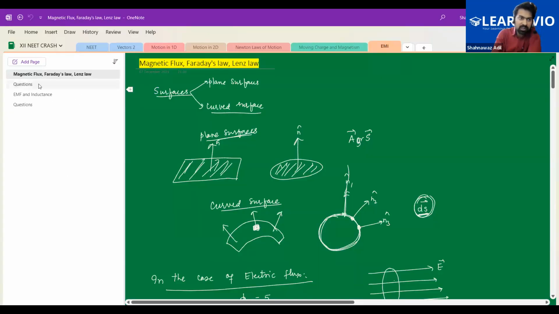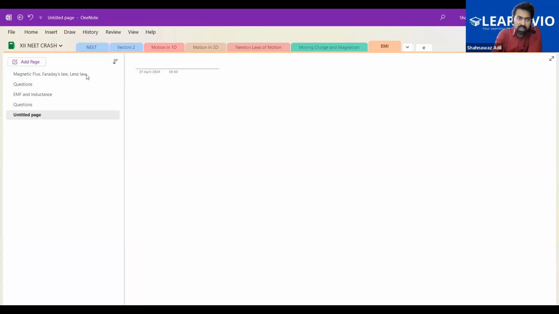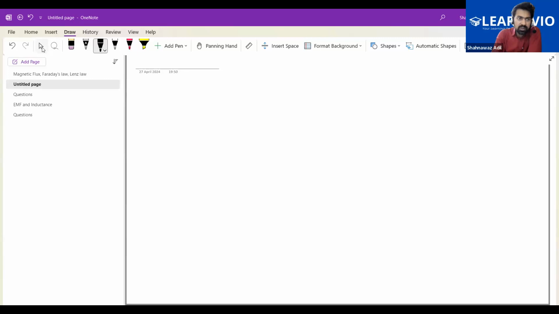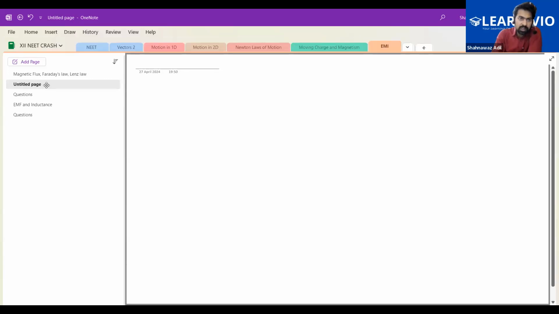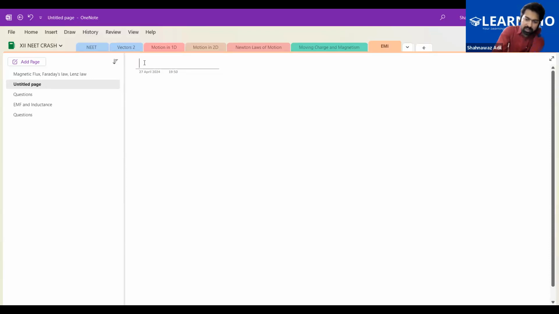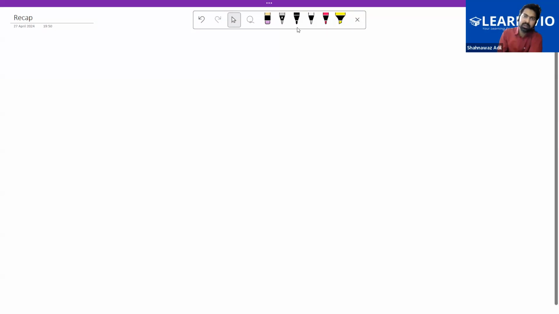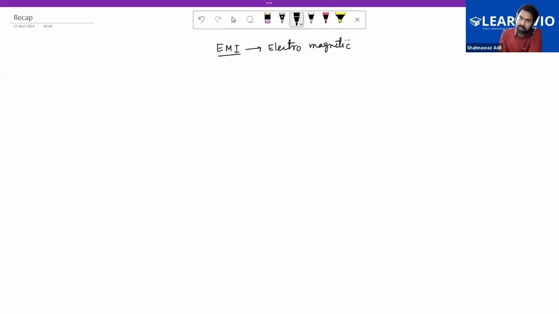And what have we learned in EMI? What have you guys studied? The first thing you have studied is magnetic flux. EMI means electromagnetic induction.